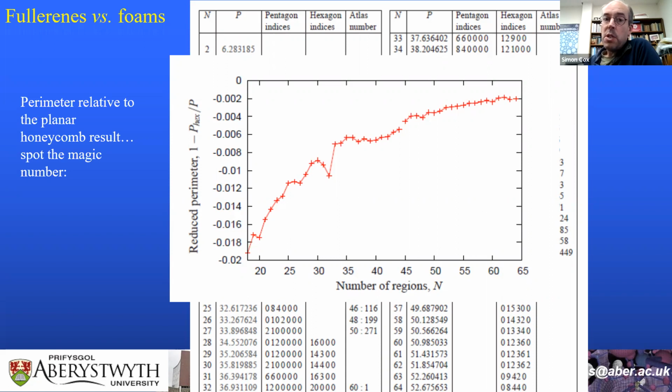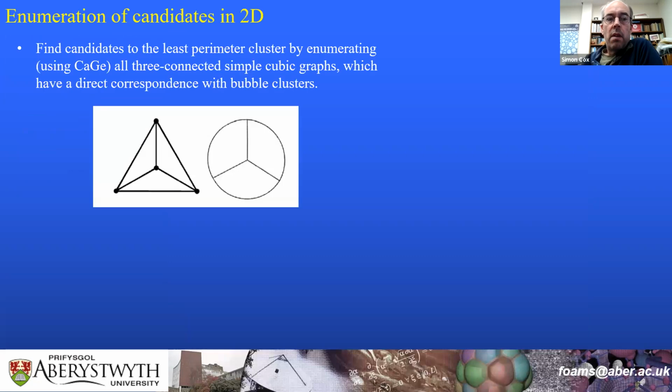So it's probably the most symmetric cluster of bubbles on a sphere. And so it seems that enumeration is something worth pursuing, because there is this one-to-one correspondence.